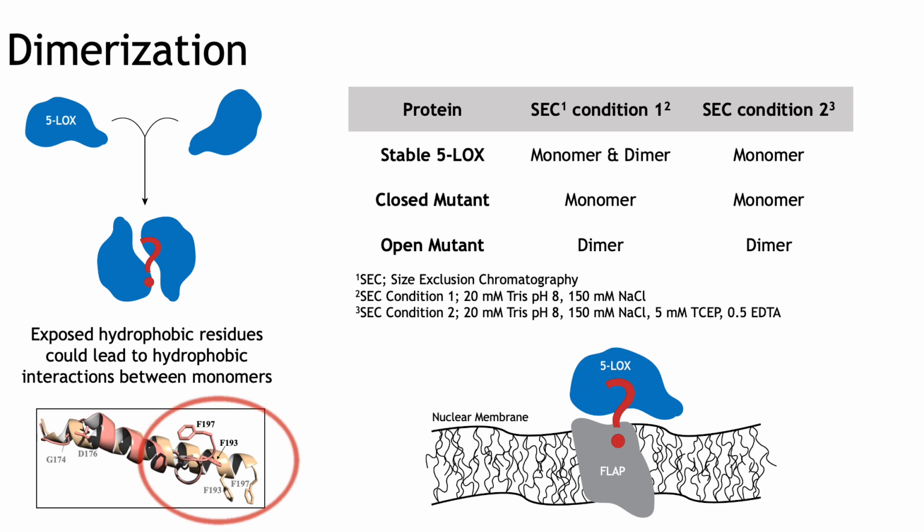The closed mutant was a monomer regardless of the buffer, while the open mutant was a dimer regardless of the buffer. This first made us think, okay, if hydrophobic residues are exposed more often on the open mutants, such as what we see here circled in red, then what if hydrophobic interactions occurred between this interface of helix alpha 2 on the monomers?